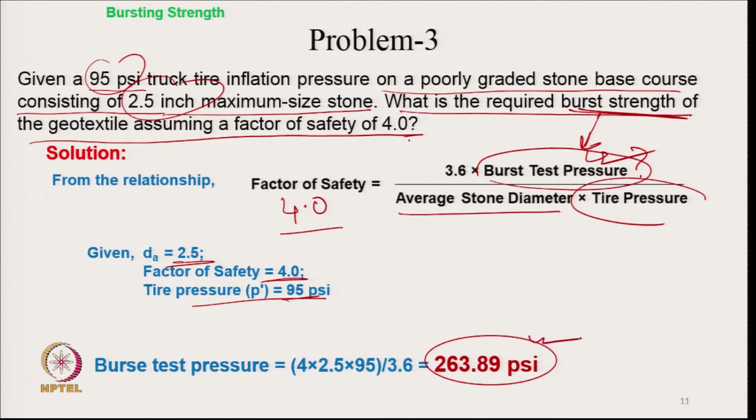So, from different situations we can predict the burst test pressure required. Using this formula, if we want to keep the factor of safety at 4, with the given situation we will require a geotextile with a test burst strength of 263.